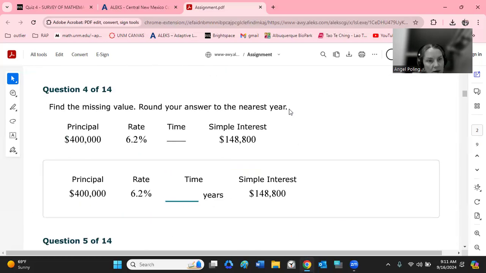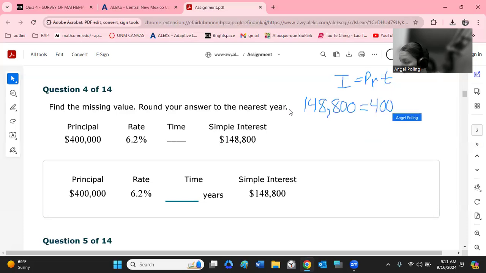Okay, for 4, find the missing value, time, and round your answer to the nearest year. So it is I equals PRT because it's simple interest that they've given us, with this 148,800. And we know P to be 400,000. We know R to be 0.062.